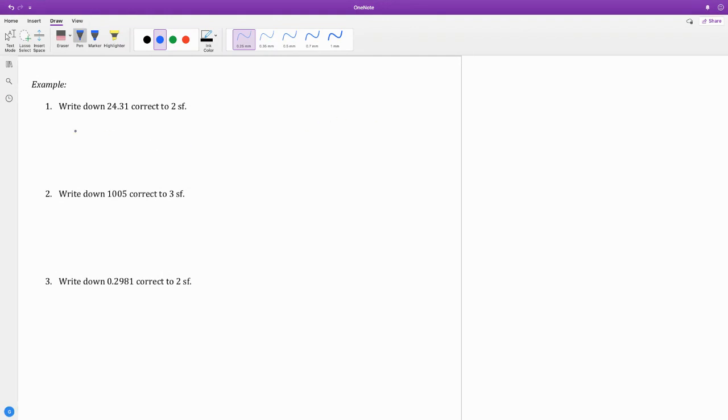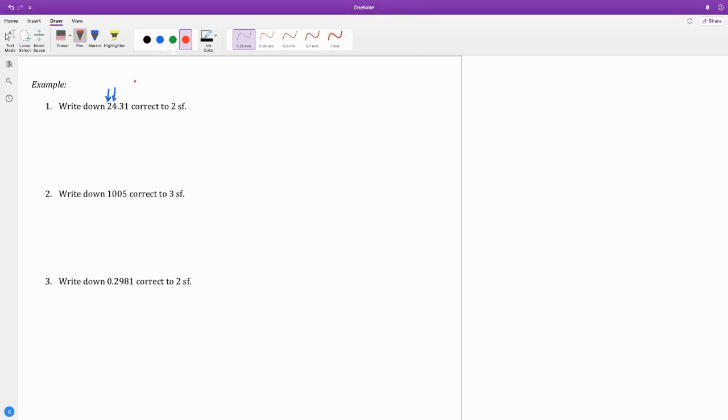Example, write down 24.31 correct to two significant figures. Remember the first rule, all non-zero digits are significant. Therefore, everything here is significant: 2, 4, 3, 1. We have 4 significant figures for this number. But since we need to write it correct to 2 significant figures, it starts from the first one, 1, and then 2.